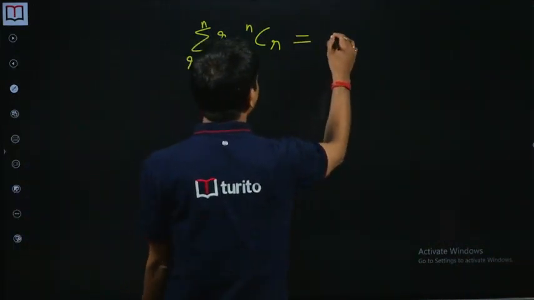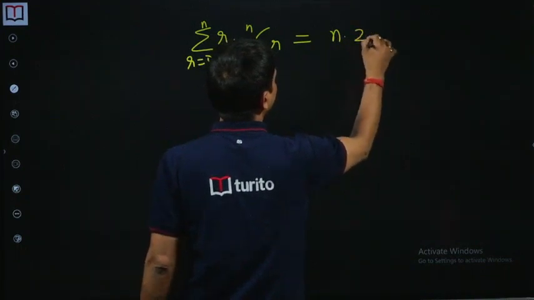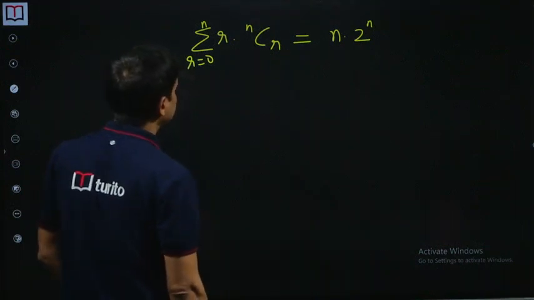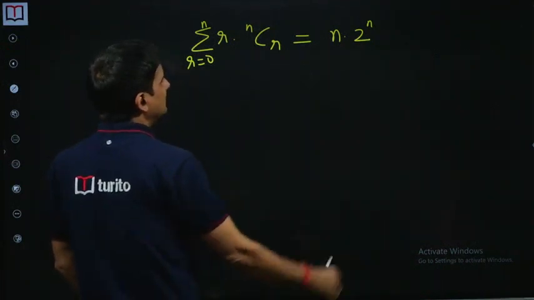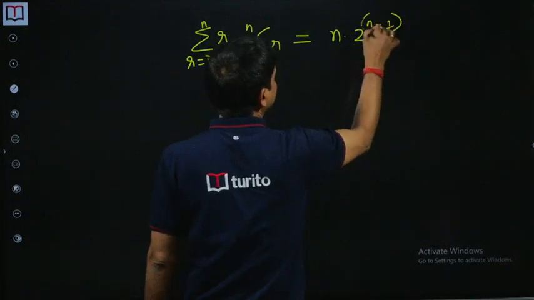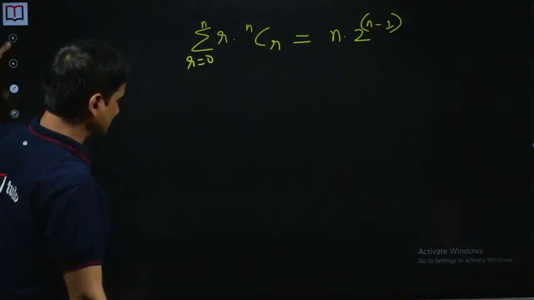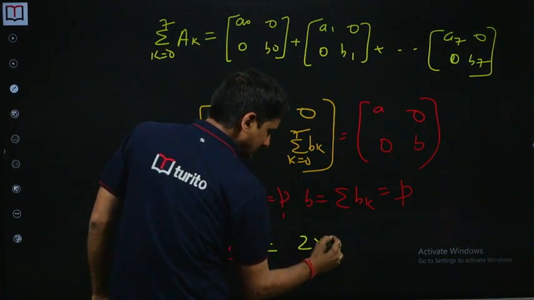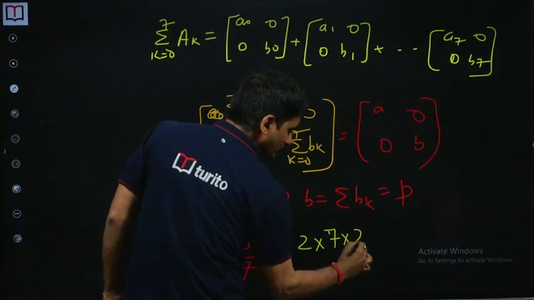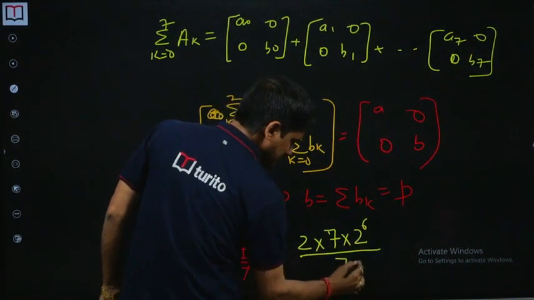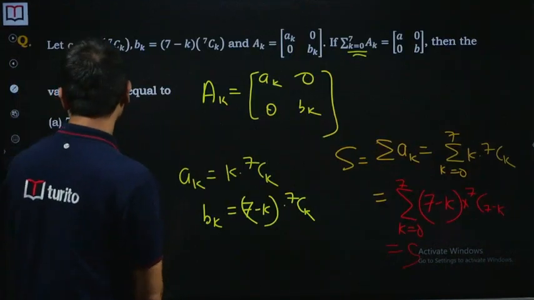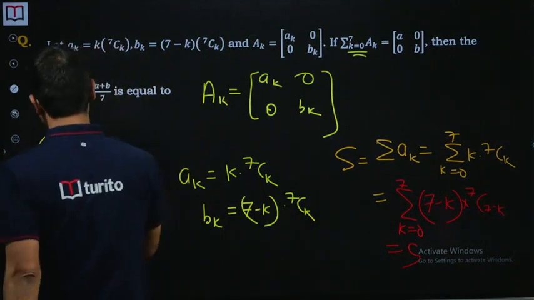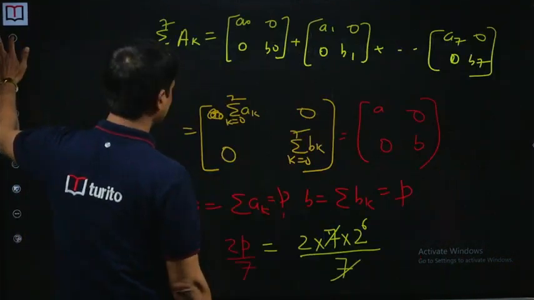If I'm not wrong, N into 2 raised to the power N minus 1, NCR. So the answer should be 2 into 7 into 2 raised to the power 6 by 7. So that's 2 raised to the power 7, which is 128, of course. That's it.